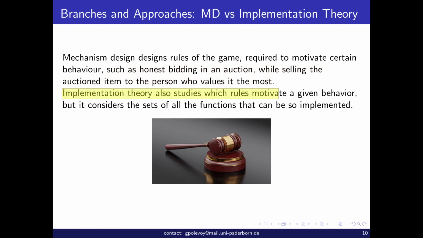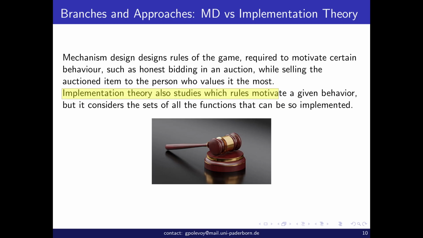The implementation theory is a bit similar, but it's less practical, it's more theoretical. It actually studies which rules can motivate some behavior you want, but usually it looks at all the possible functions which can be implemented. So all the possible behaviors which can be, let's say, equilibria, Nash equilibria under those rules.